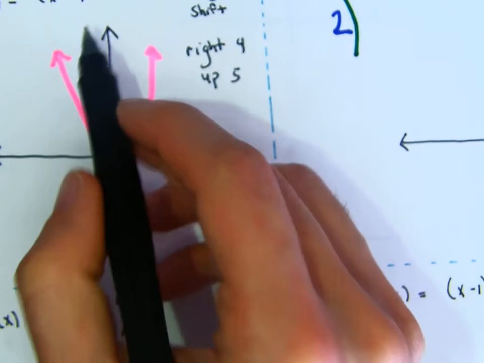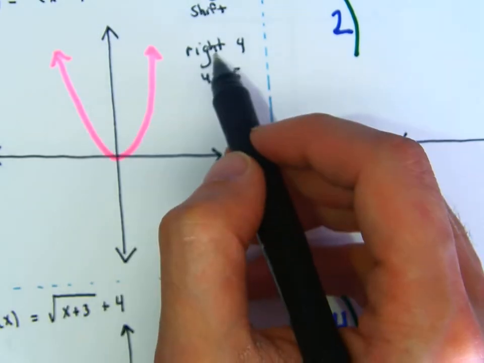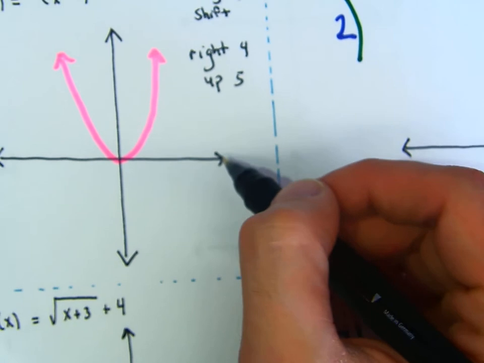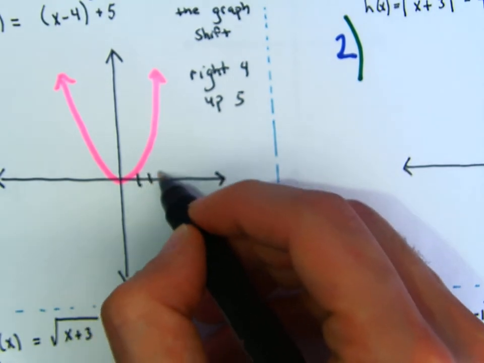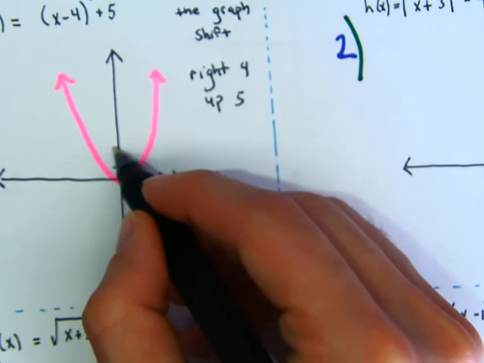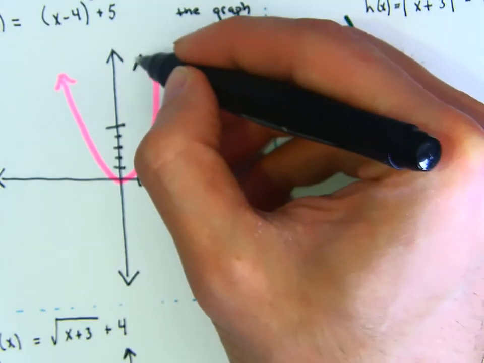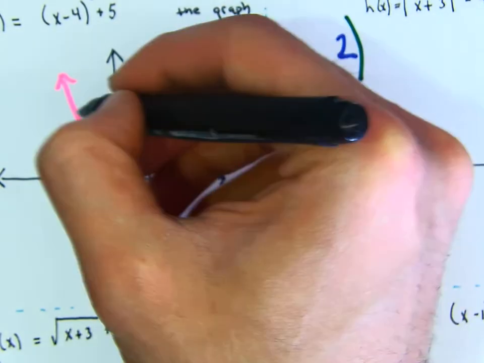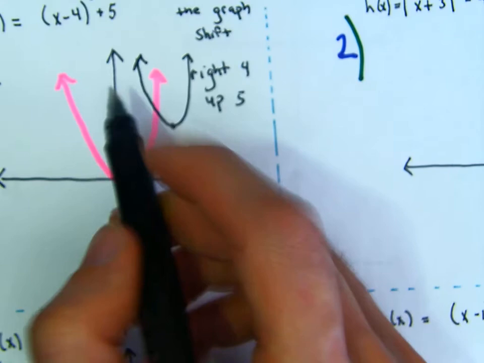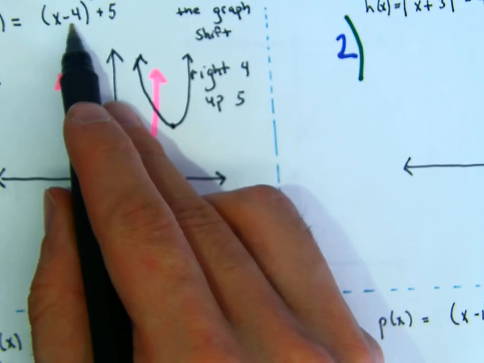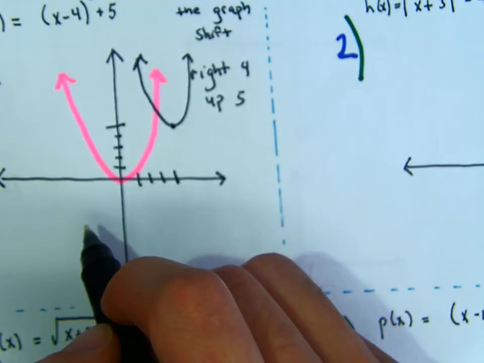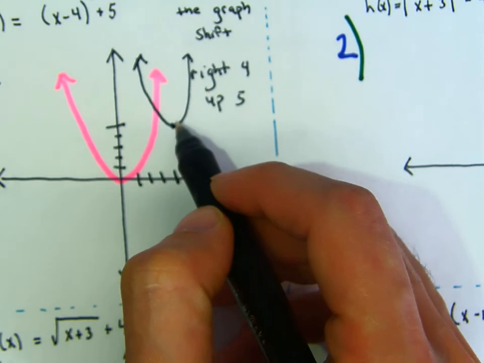So here, because it's minus 4 on the inside, it's going to be right 4 up 5. So then here, I'm going to go 1, 2, 3, 4. 1, 2, 3, 4, 5, and then bam. This is how the original pink graph of x squared gets shifted 4 to my right and 5 up. And that's how the graph will shift.